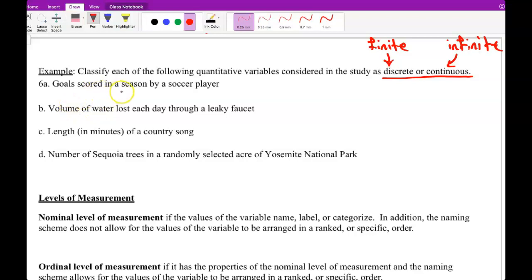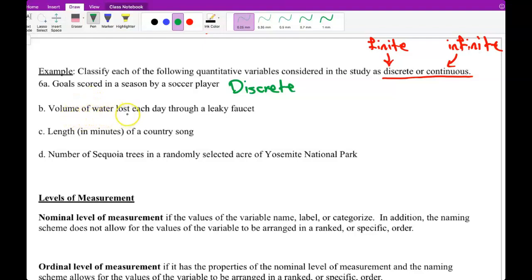Goals scored in a season by a soccer player. Their score may be 2 or 3 or 4 or 5. So they have a specific number in there. That's why that is a finite number, and that's why here it is discrete. You cannot have infinite numbers for that one.